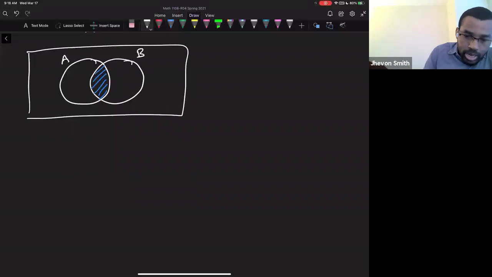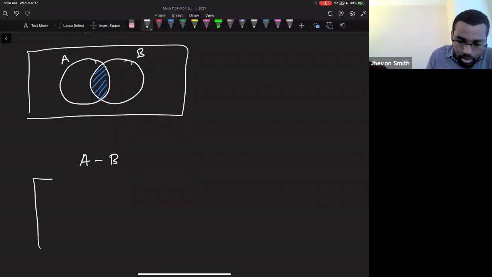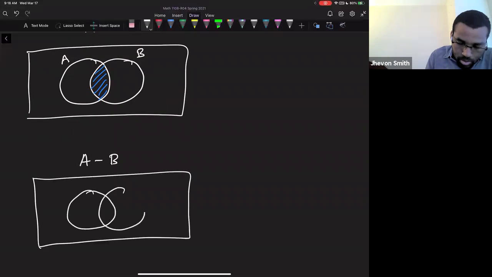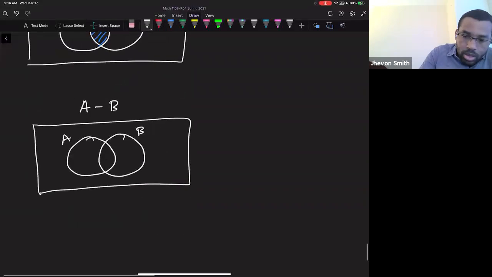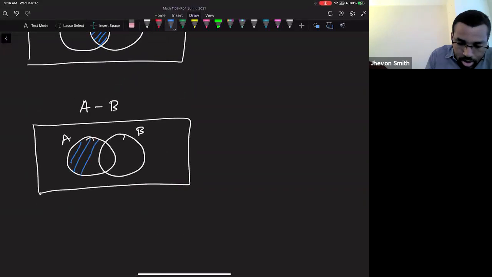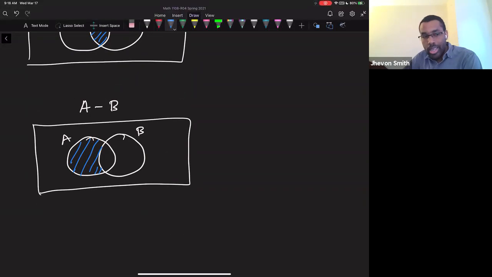What about the set minus? A minus B. This is visualized as these guys over here, right? It's a set of all things that are in A, but you throw away all the things that are also in B. And so that's the set minus.